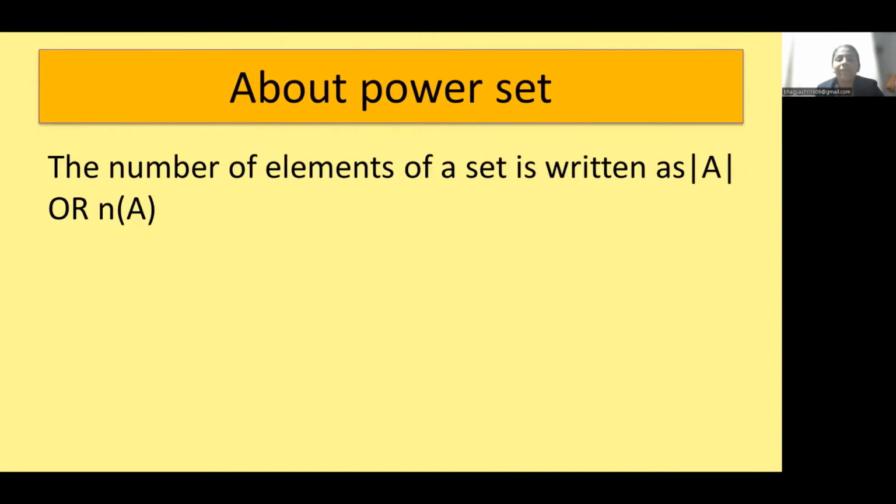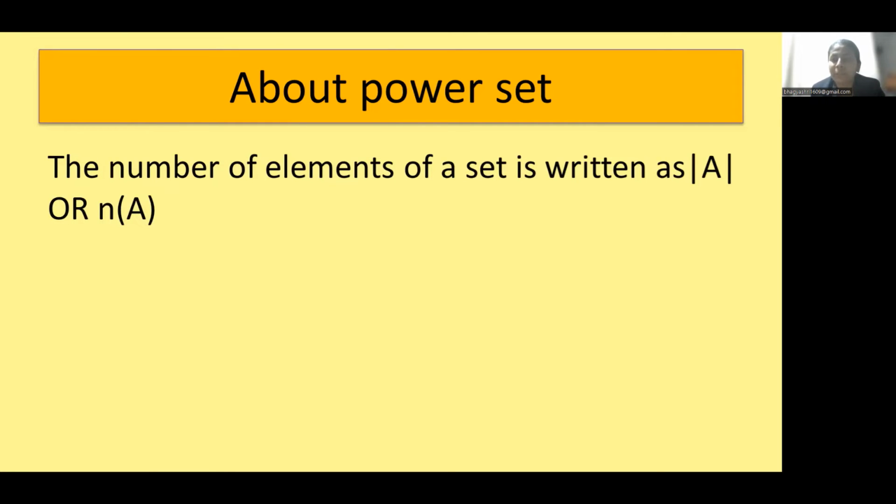Then there is some important point about power set. Number of elements of a set is written as mod of A or n of A. कार्डिनॅलिटी ऑफ A असं पण आपण त्याला म्हणतो.